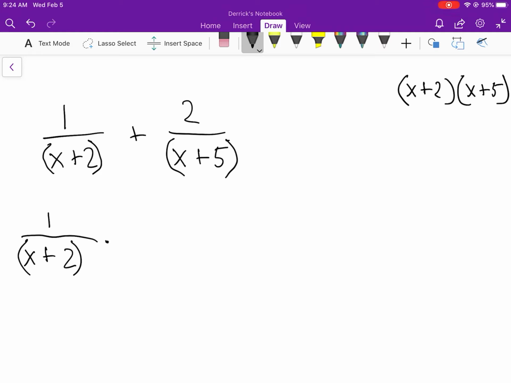Well, if I'm missing the x plus 5, then that means I need to multiply it in there myself. But just like before, I can't randomly multiply an x plus 5 in there. I'm going to have to do that on top and bottom.